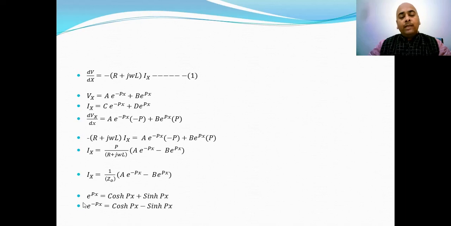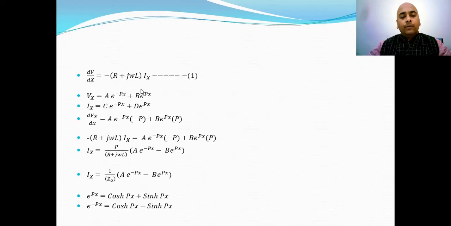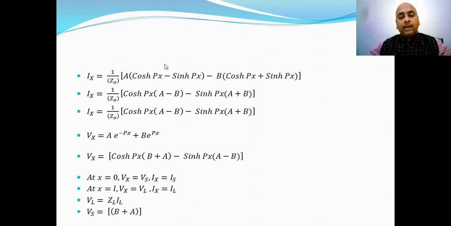Now by putting the values of e raised to power px and e raised to power minus px in Ix as well as in Vx, we obtain that Ix is equal to 1 upon Z naught A, because e raised to power minus px is cos hyperbolic px minus sin hyperbolic px.